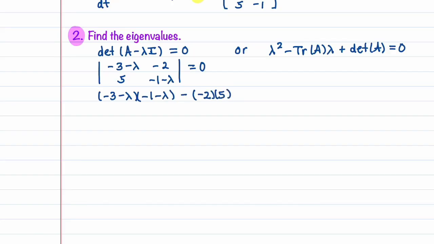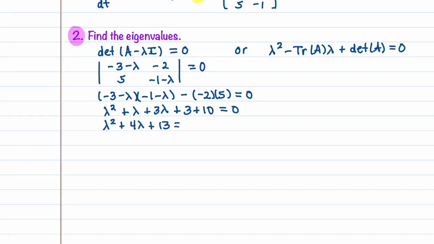That's just the main diagonal elements multiplied minus the off-diagonal elements. This gives us lambda squared plus lambda plus 3 lambda plus 3 plus 10 is equal to 0. So we have lambda squared plus 4 lambda plus 13 is equal to 0.